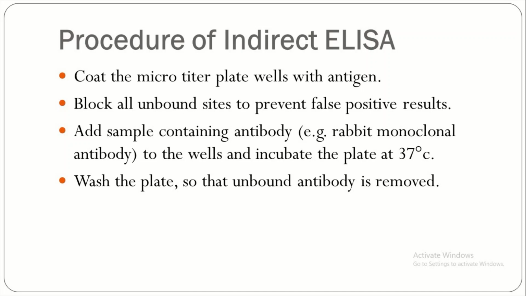The example given here uses a rabbit monoclonal antibody, and then the plate is incubated at 37 degrees Celsius. The incubation time may vary for each experiment, normally 1 hour to 1.5 hours. Then wash the plate so that the unbound primary antibody is washed away.